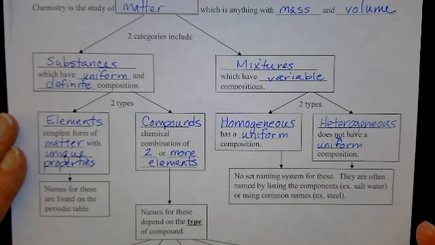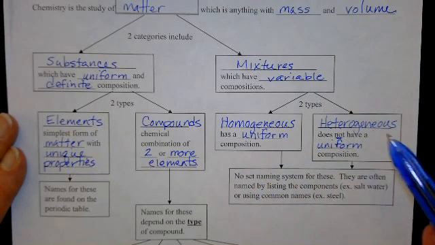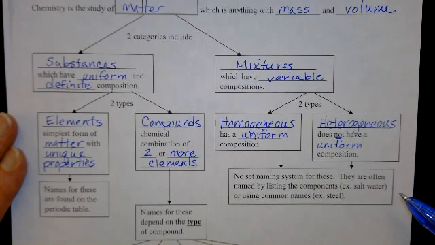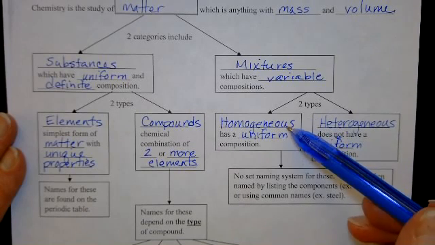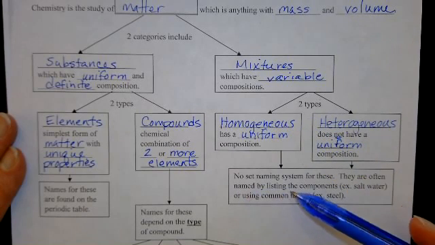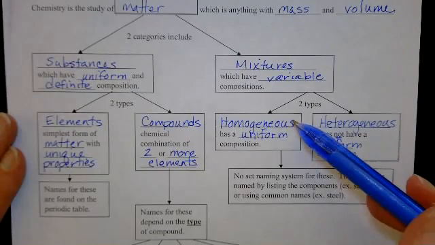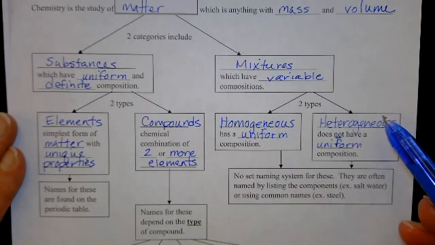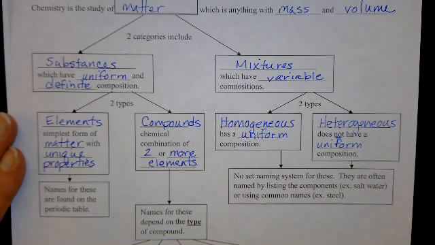And for naming mixtures, there aren't a really definite set of systems for these. They're often named by listing the components, like salt water, which would be a homogeneous mixture, or using common names like steel, again, that's homogeneous, or something like granite, which would be a heterogeneous mixture, right?